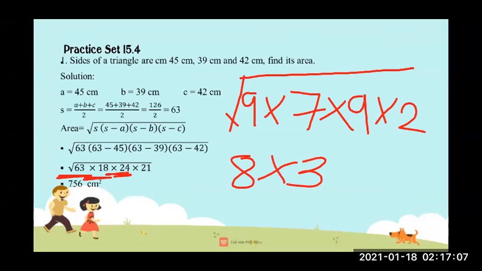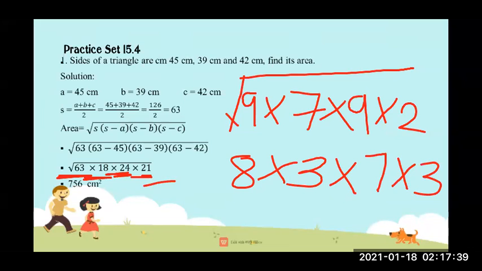Now the last number is 21, that is 7 threes are 21. You can do prime factors also, or you can take tables also. So first 63, I have taken the table of 9, that is 9 sevens are 63. Then 9 twos are 18. Then 8 threes are 24. Then 21, that means 7 threes are 21.